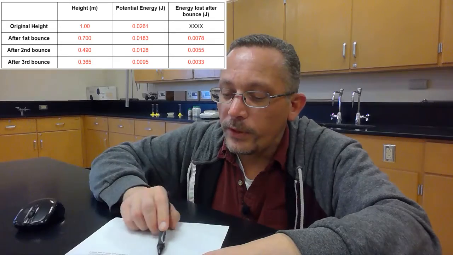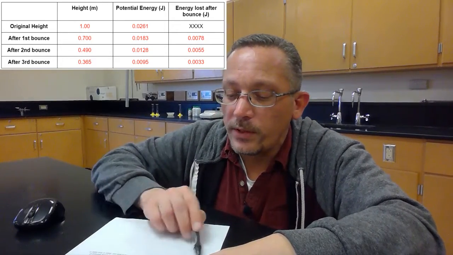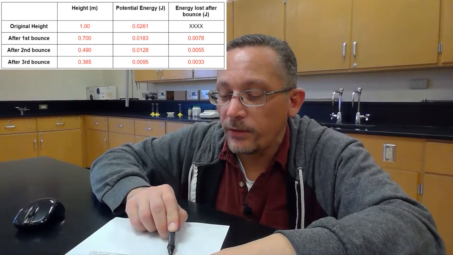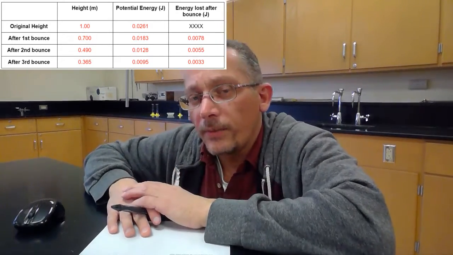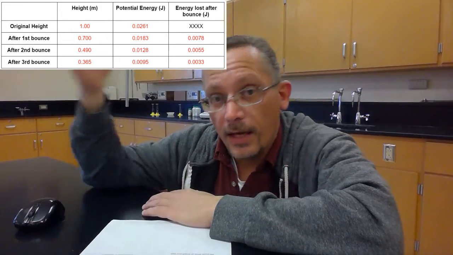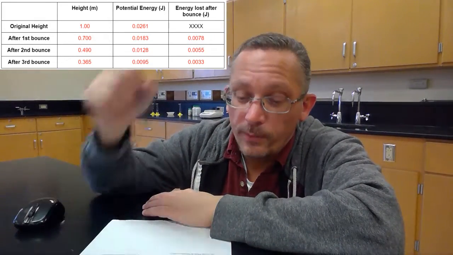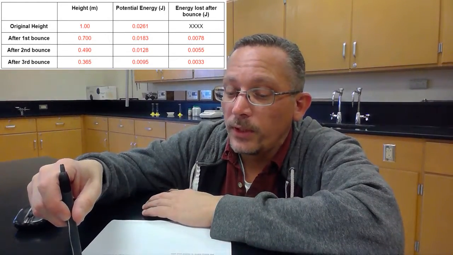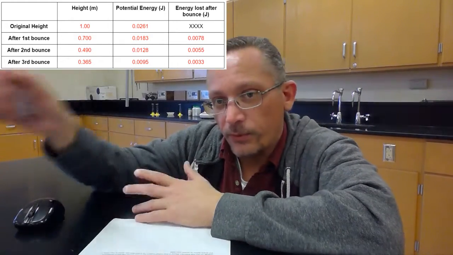And then number 9, if you were to drop the ball from a different starting height, would it lose the same amount of energy on the first bounce? Well, I don't think it would. I mean, consider if we had started at 70 centimeters, well then after its first bounce, I would expect it to lose 0.0055 joules, right?